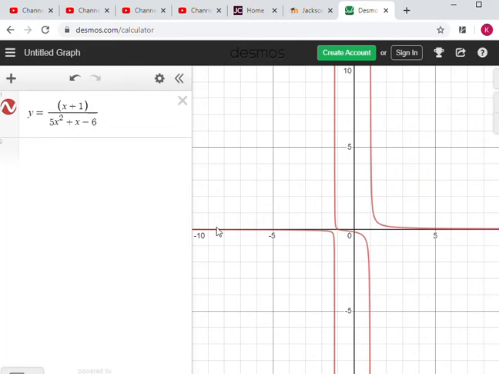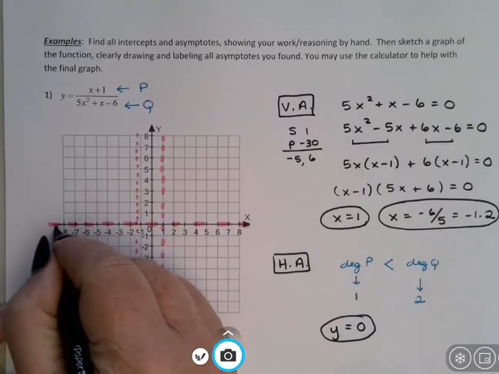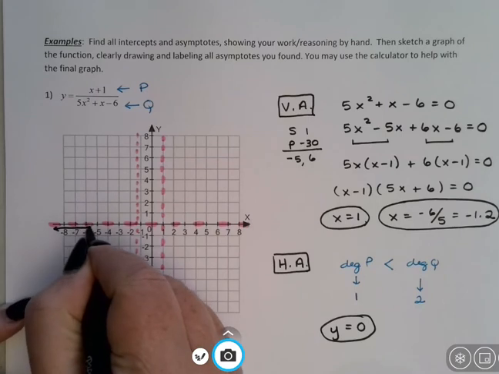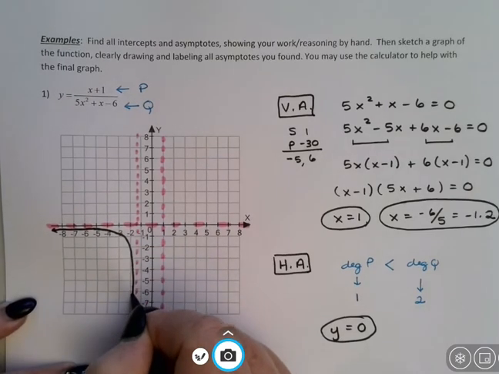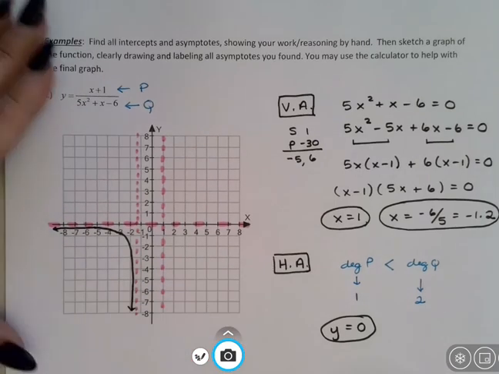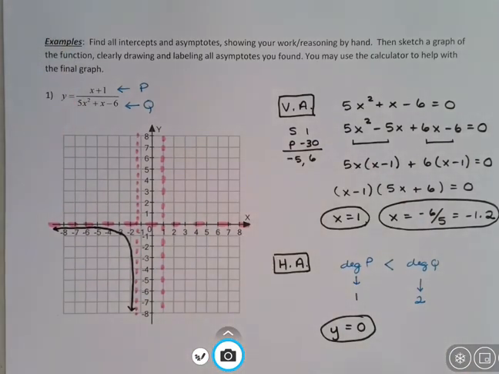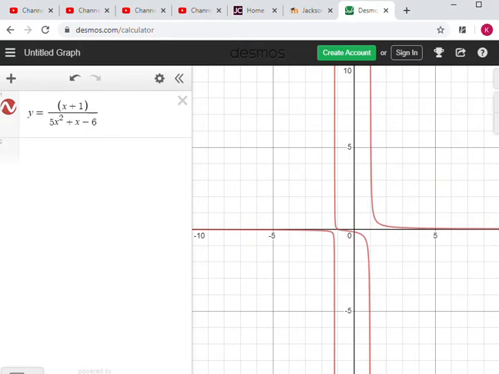So we're going over towards the negative side and then down. When I draw, I am going to be very careful not to touch my asymptotes. And again, in between the asymptotes, we go from top to bottom with kind of a little wave in the middle.